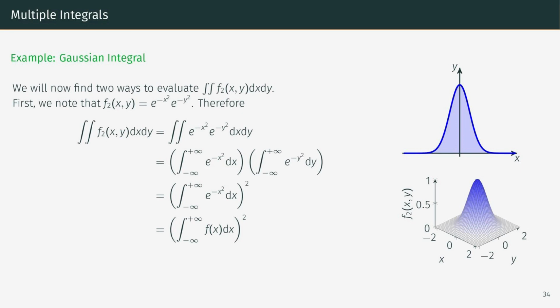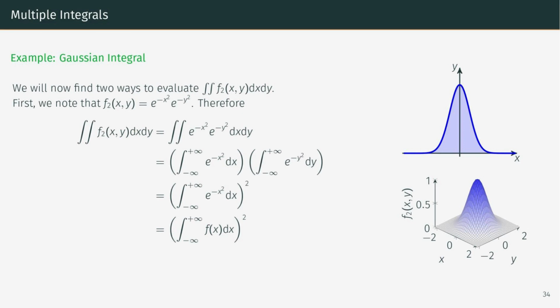Again, we can rearrange the terms to put the appropriate parts in the appropriate integrals, such that the integral from negative infinity to infinity of e to the negative x squared dx times the integral from negative infinity to infinity of e to the negative y squared dy.